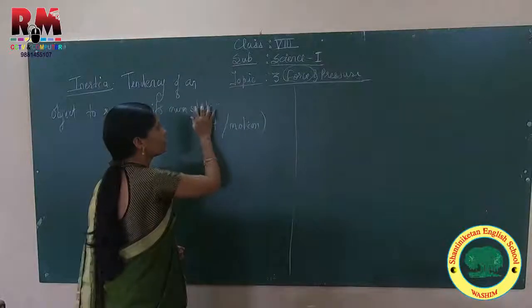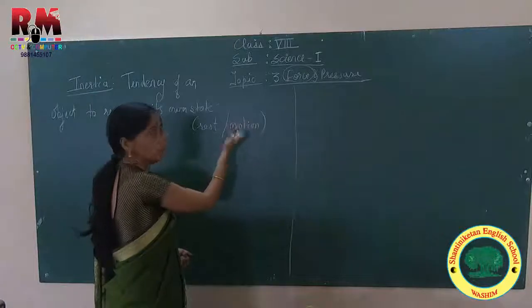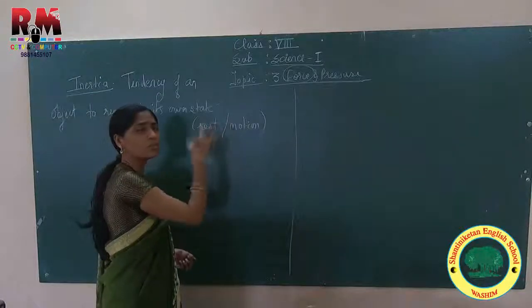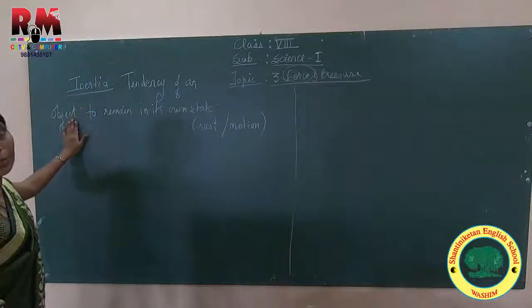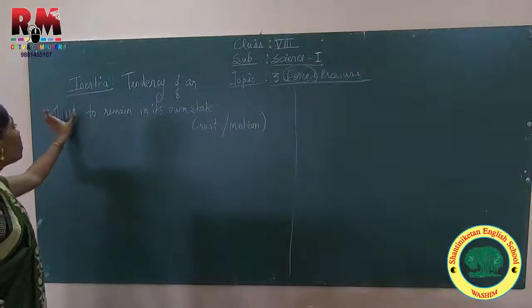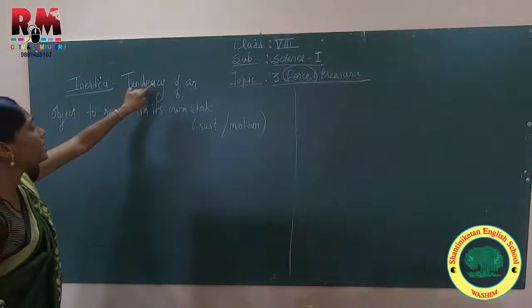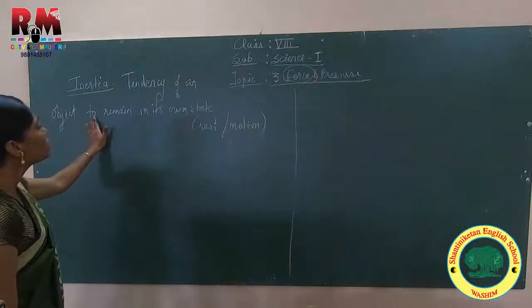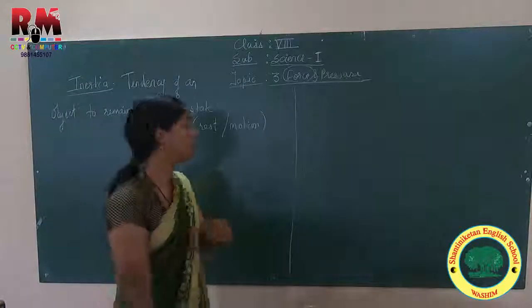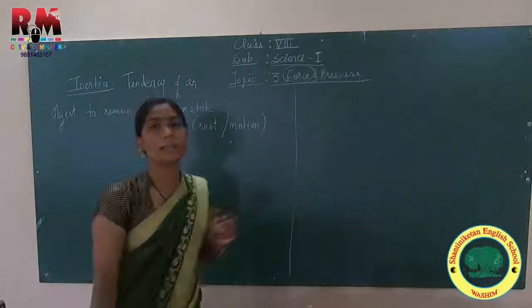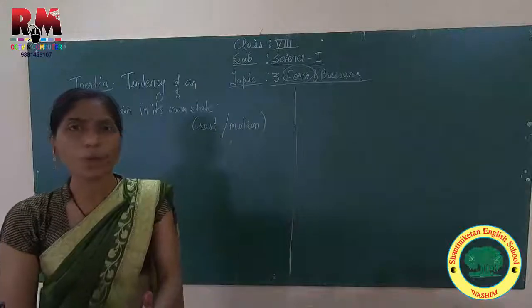Means the object can have either motion or rest, either of these two states. Okay. Now what? The tendency of an object to remain in its own state is what? Inertia. So either the rest state or the motion state.